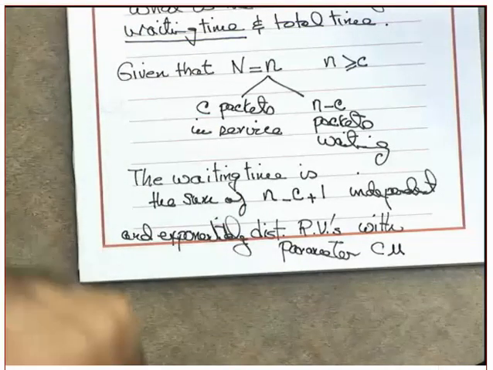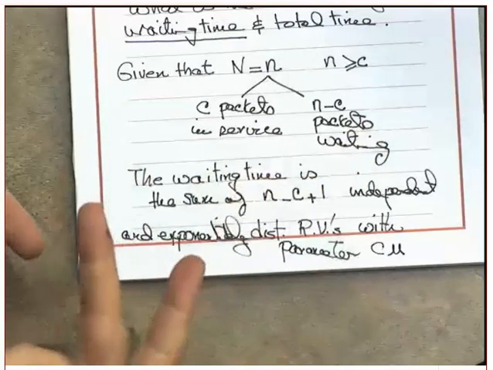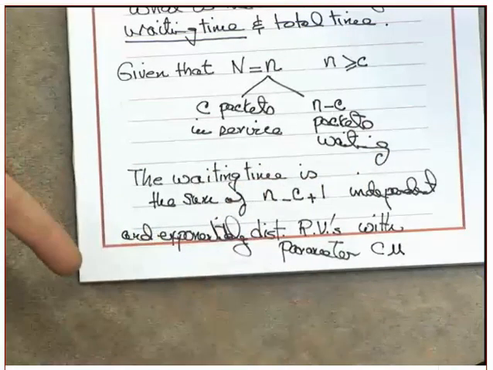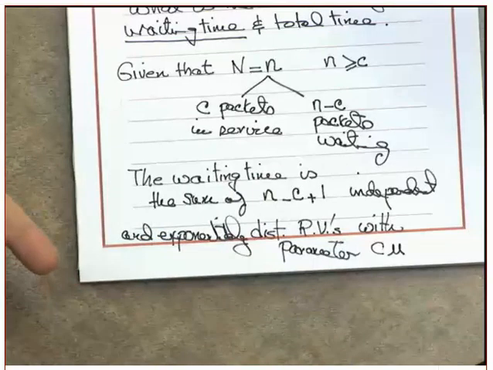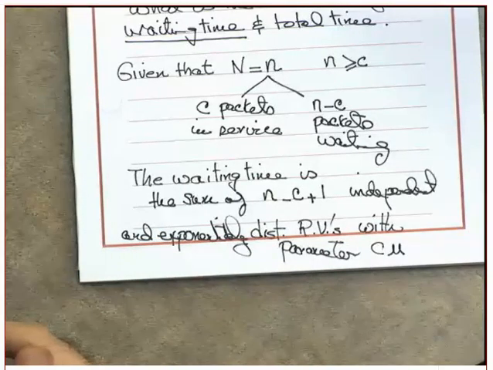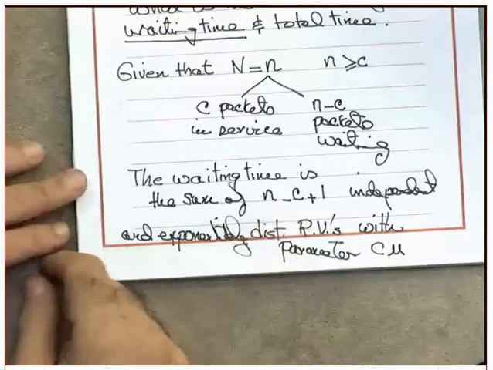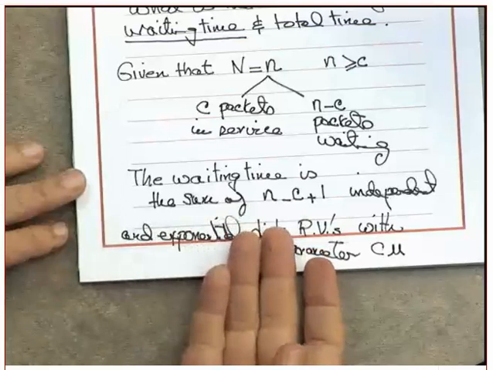Yes or no? Now, how many packets are there right now in the servers? C of them. Yes? When will the next one exit? The one with the minimum service. Does it have to be the same server? It could be another server. Yes or no? Do I need to continue or did you get it?